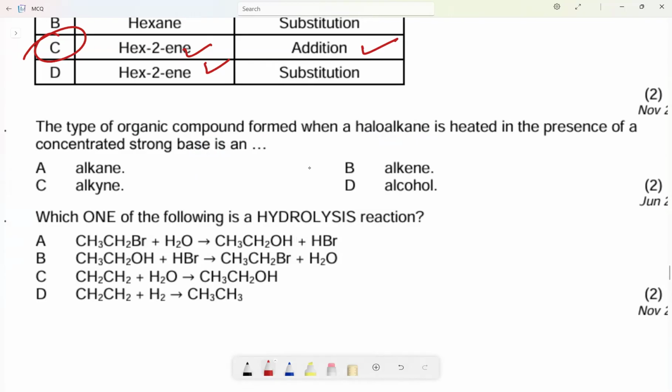Concentrated strong base, remember, it is the reaction condition for elimination reaction.